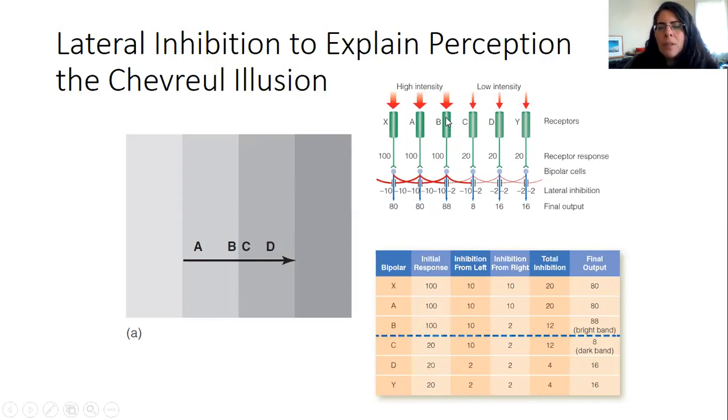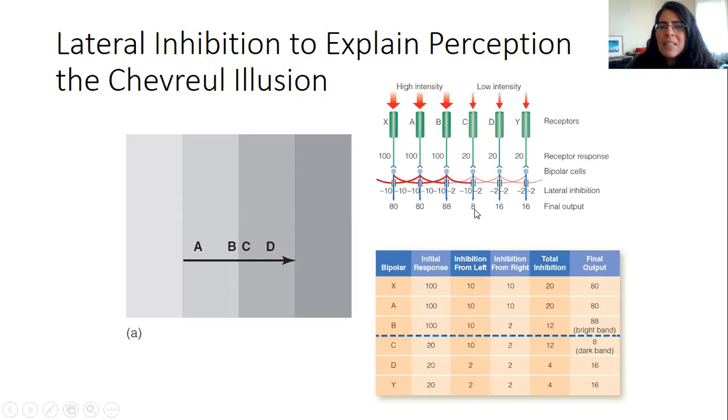Now, because cell B is one of C's neighbors and it's under high intensity, it's receiving 100 units of energy. It is going to send a tenth of its energy to its neighbor in inhibitory messages, so that's -10. Cell C's neighbor D is receiving lower intensity light, so its output is at 20 units, so a tenth of that is -2.